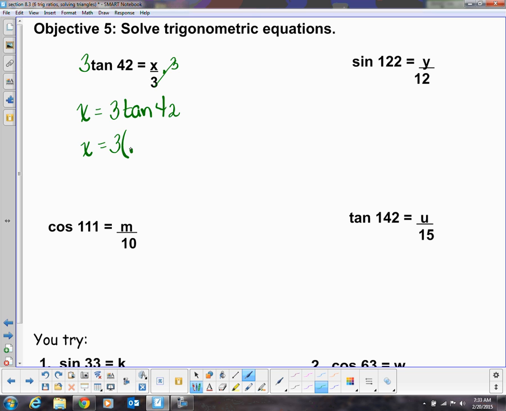Give me 4 numbers past the decimal. What do you have? If there's something in front, write that down and then go. Now you're going to have to do 3 times that. If your calculator does not work backwards, then you can do 3 tan 42, and what is that going to be?